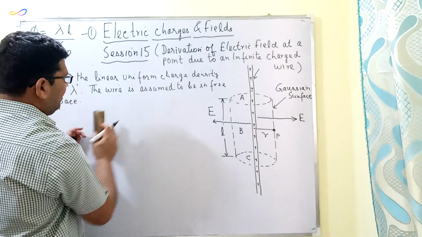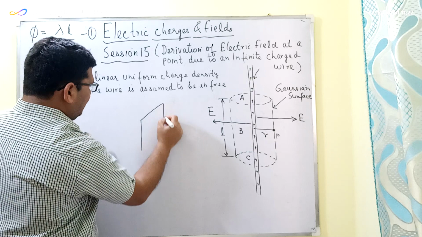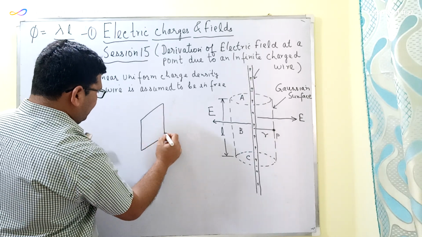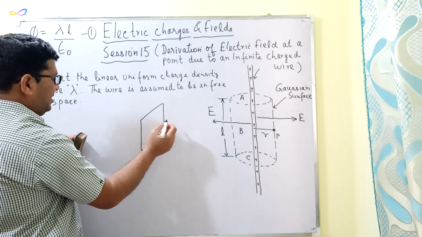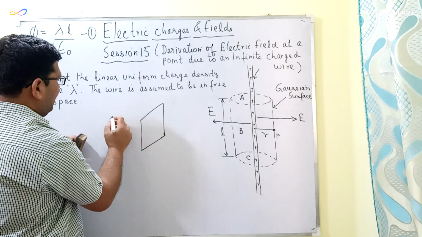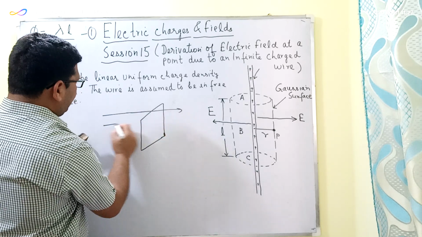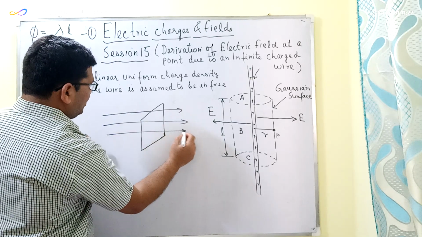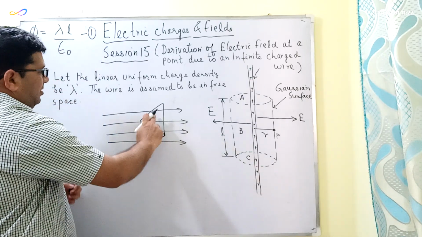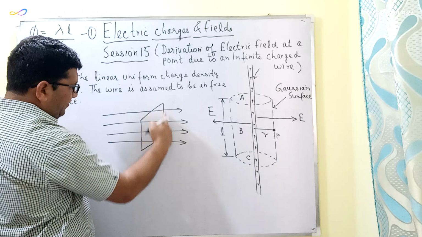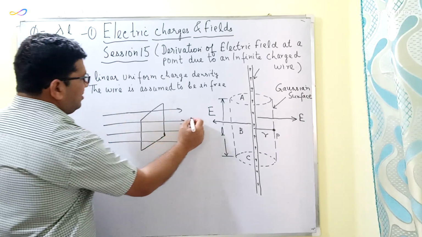This figure which I am drawing here will not be symmetrical, because I am just trying to explain to you the value of the electric flux through this surface which is placed in an external electric field.